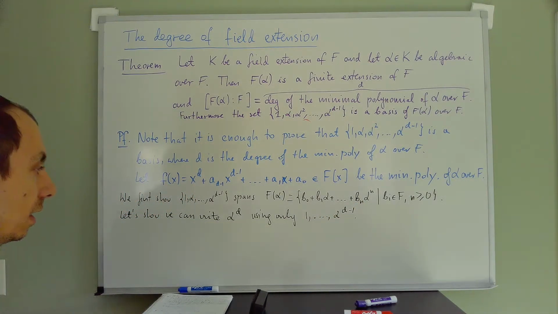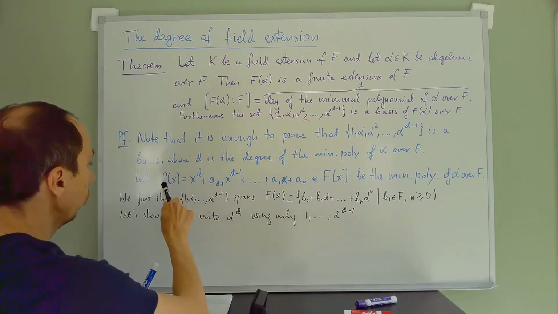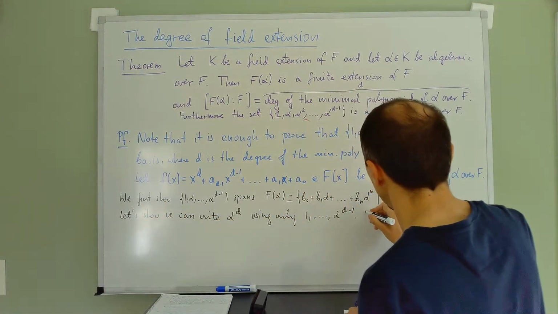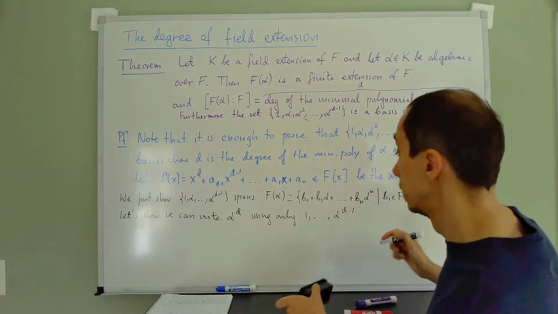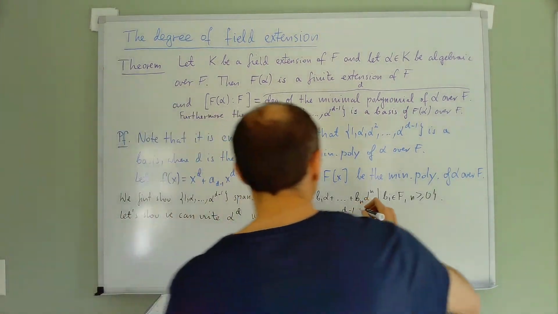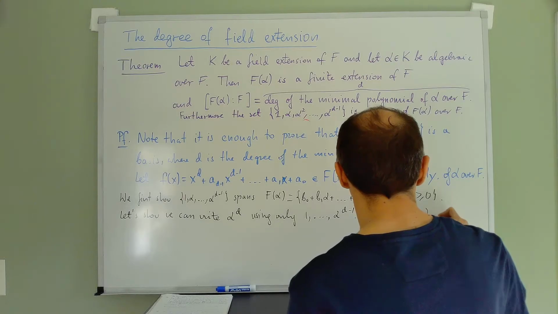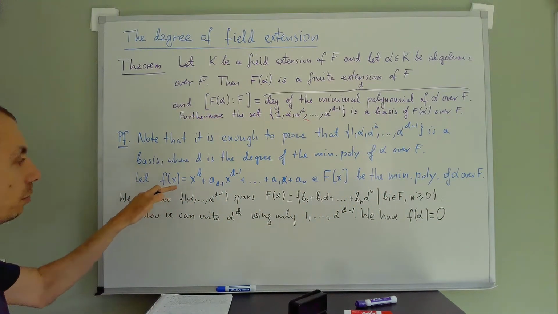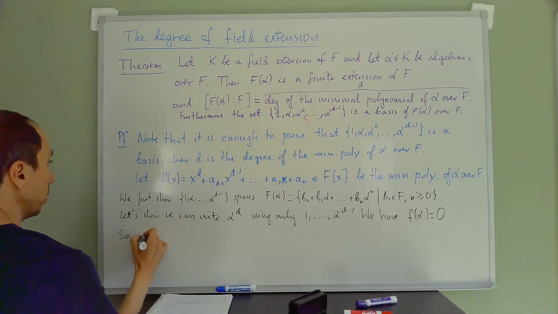Well, how do I do that? Remember that alpha is a root of this polynomial. We have f of alpha to be 0. This polynomial, when I plug in alpha, I get 0. So what is that polynomial when I plug in alpha?